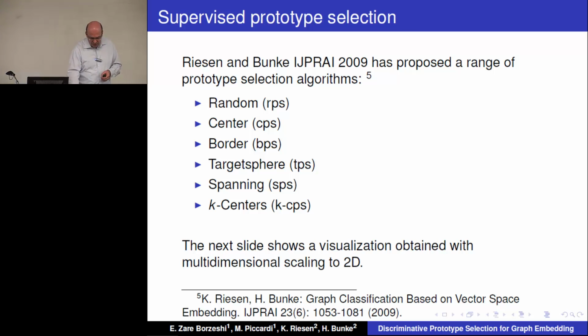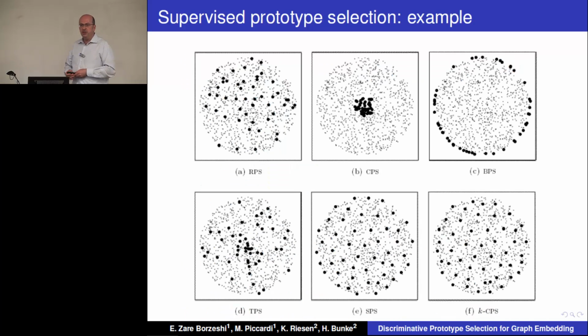But I can show you this picture. This picture shows how prototype selection works for some of the conventional methods. And the picture is obviously an embedding in its own turn, from multidimensional scaling in 2D. The technique up here is just a random selection. This is the center-based selection, which tends to pick the prototypes from the center of the training set.